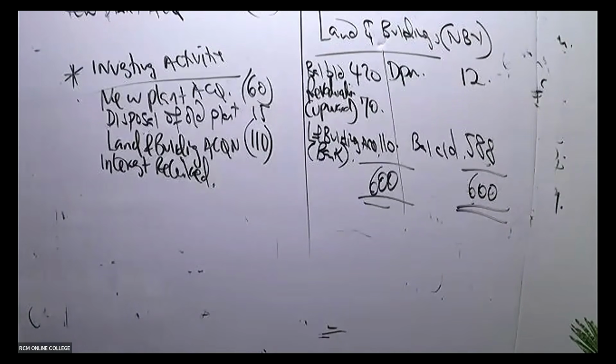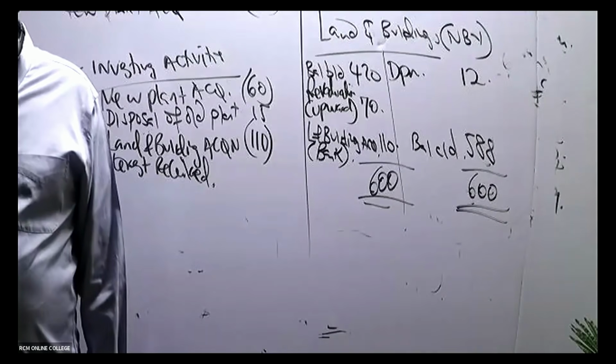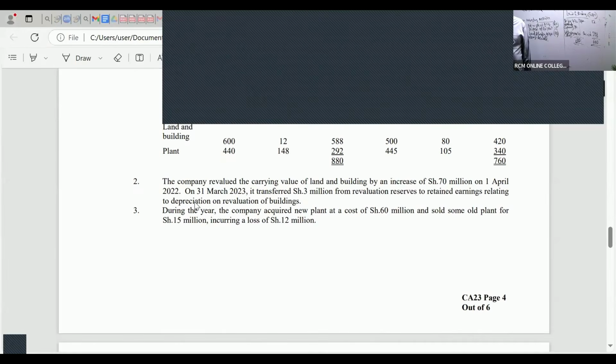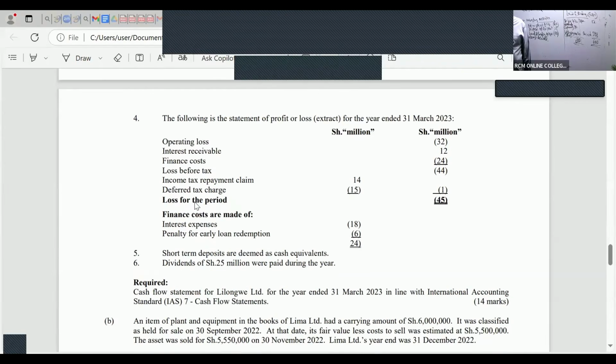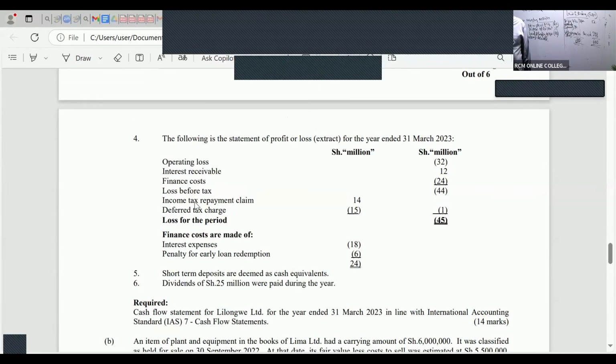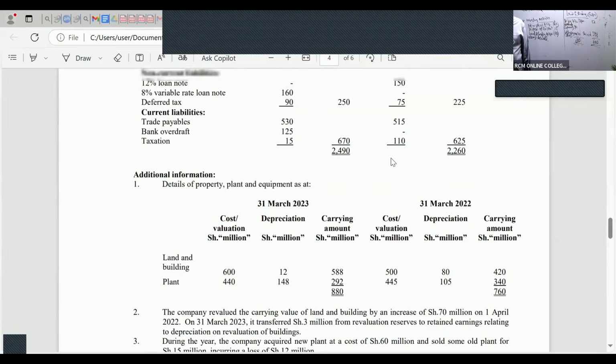Just track the interest account, or go to any note. So I can see interest receivable here is 12. Very good. That's for the year.